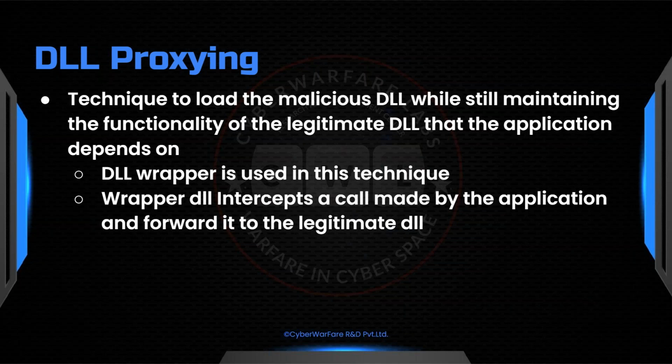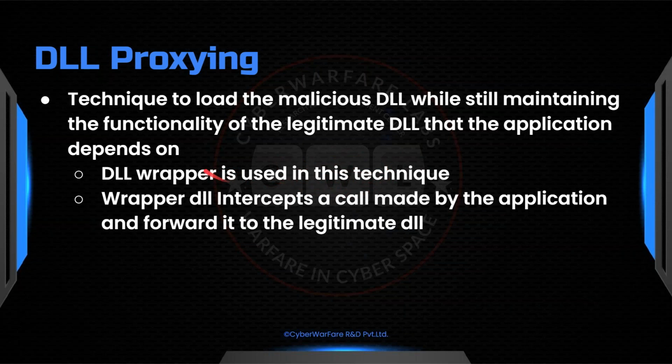Whenever the application wants to call some function, the DLL wrapper intercepts the call made by the application, performs the additional feature that was added in the wrapper, and then forwards the call to the original DLL.